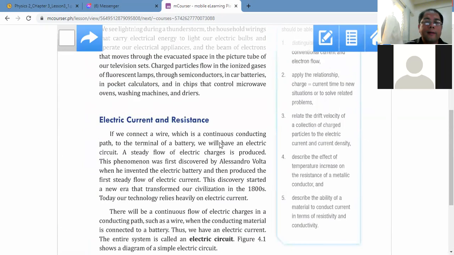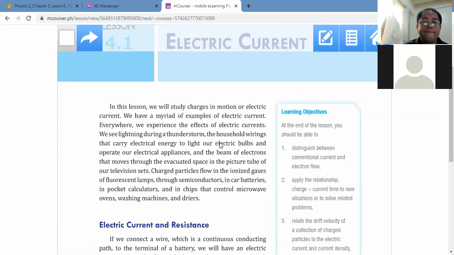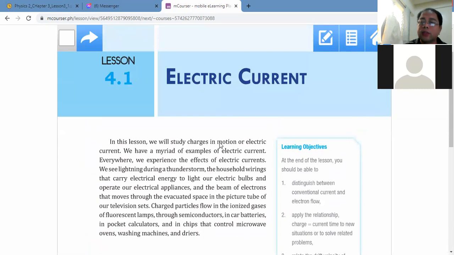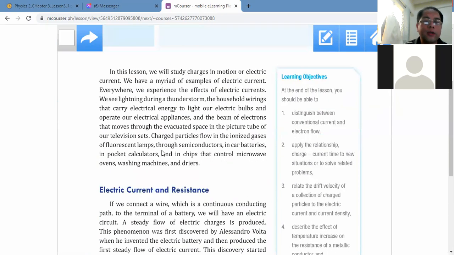Now, in order for charges to flow, we really have to understand that there must be a conductor.